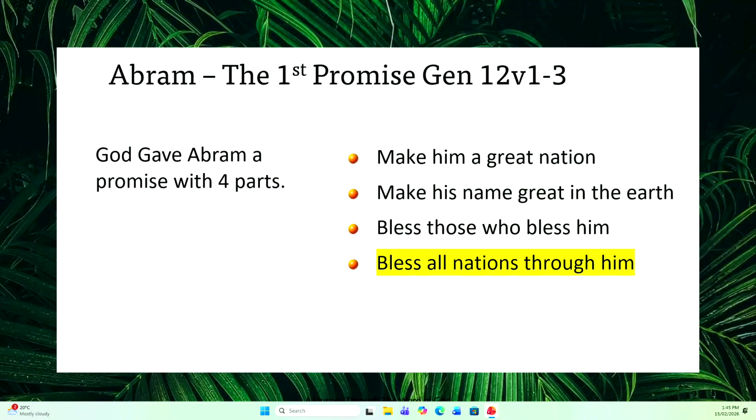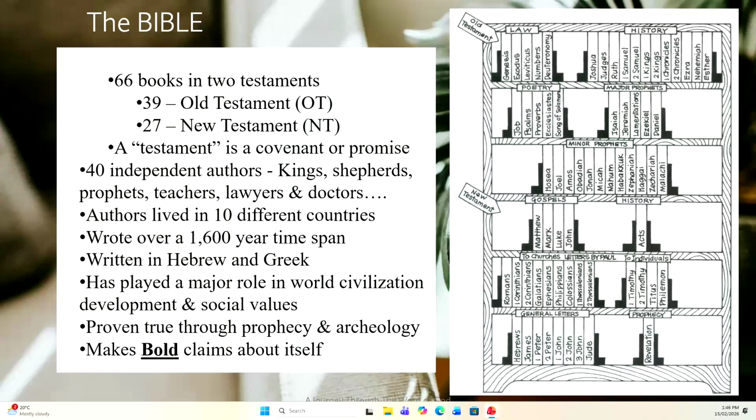Okay, so when it's talking about this nation, making him a great nation, when it's talking about the seed of Abram, who is that actually talking about? Well, the answer is really given to us last week by Brother Mike.